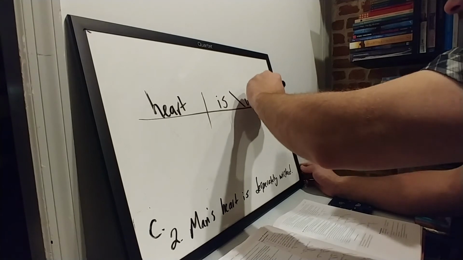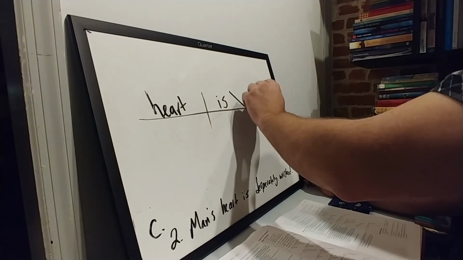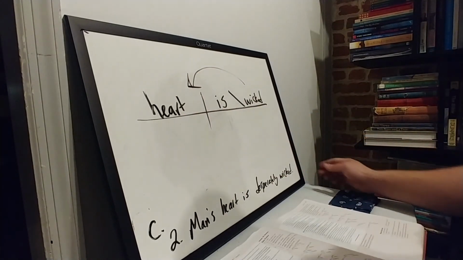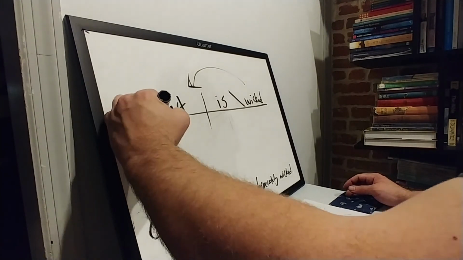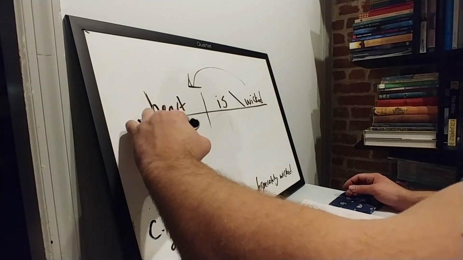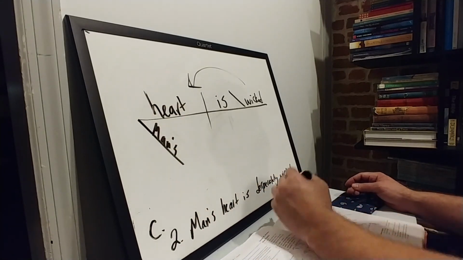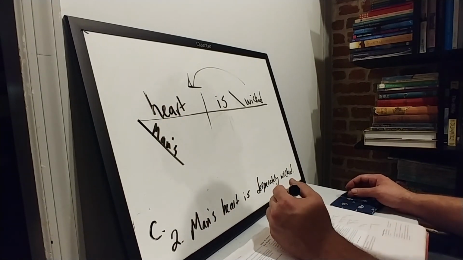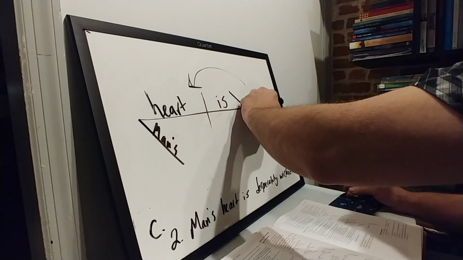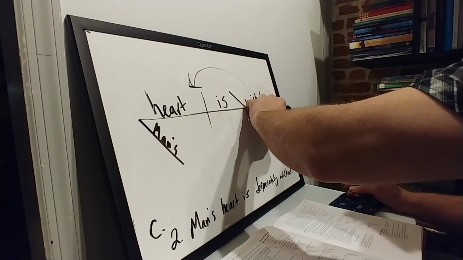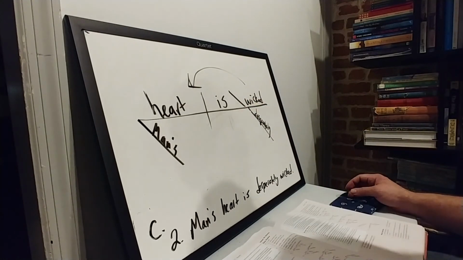Adjective, wicked. Explaining heart. Alright. Now, man's heart. Possessive noun makes it an adjective. Man's heart is desperately wicked. Desperately, what's that modifying? That's modifying this adjective, so it would be an adverb. Desperately wicked.